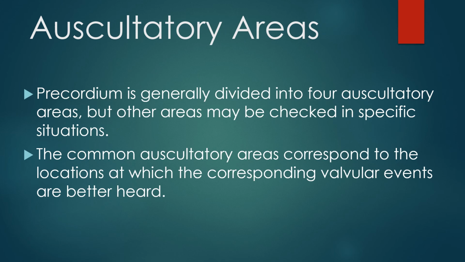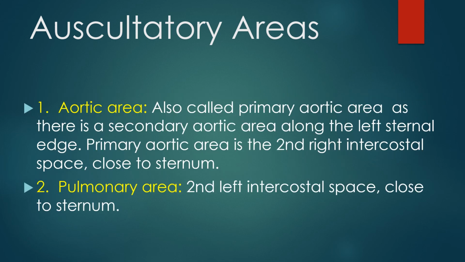Precordium is generally divided into 4 auscultatory areas, but other areas may be checked in specific situations. The common auscultatory areas correspond to the location at which corresponding valvular events are better heard. Aortic area is also called primary aortic area, as there is a secondary aortic area along the left sternal edge.